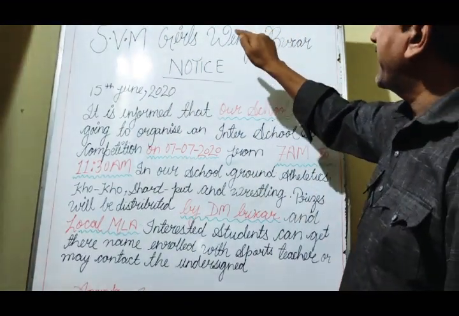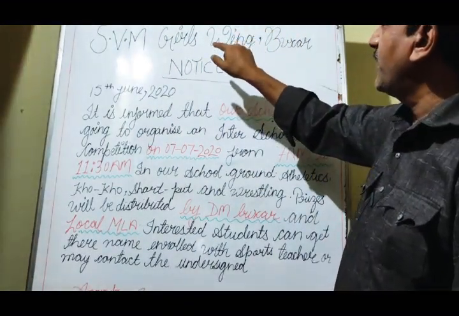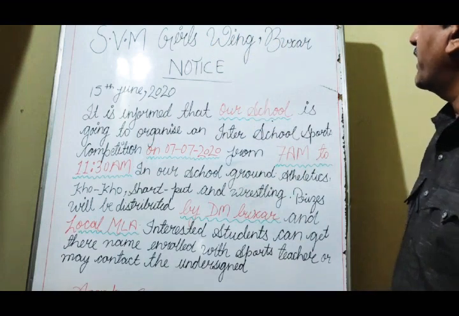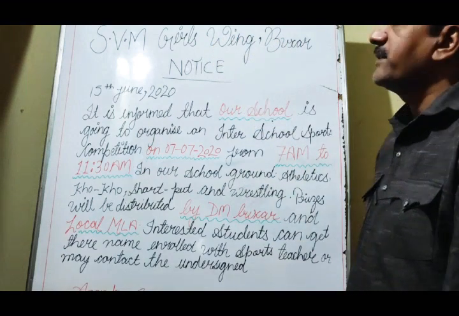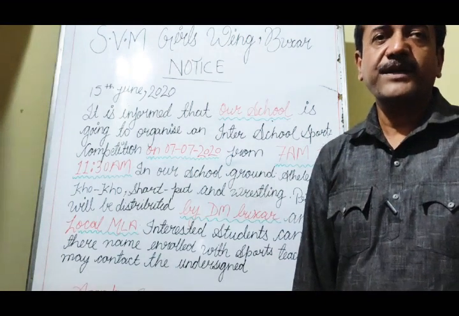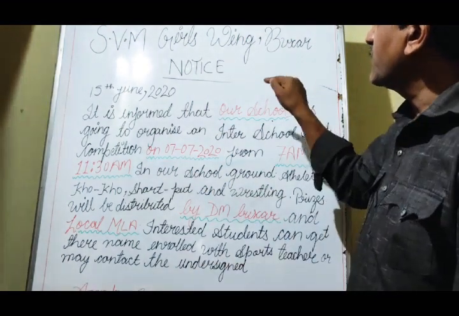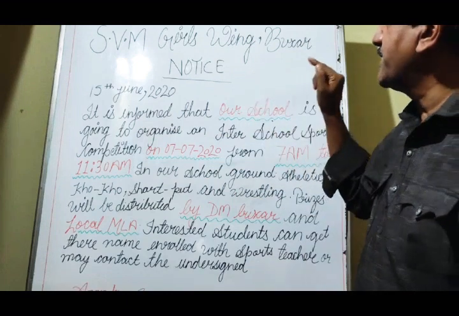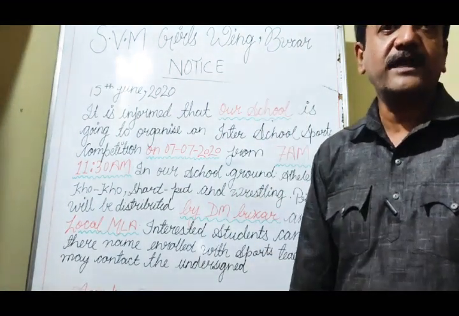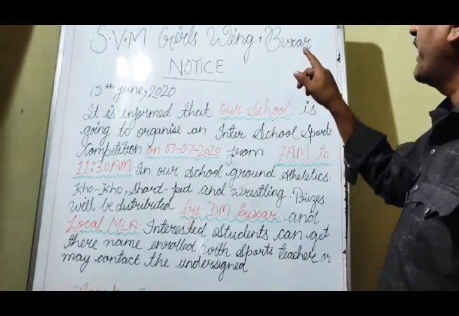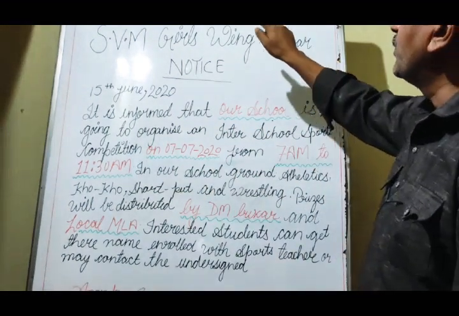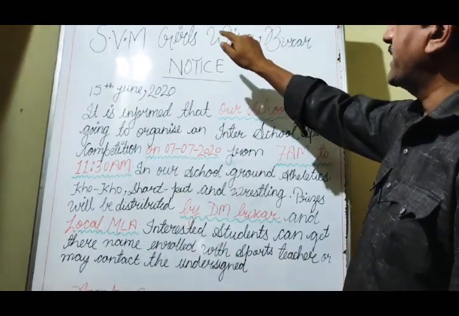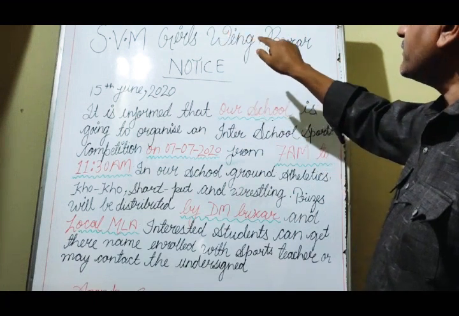After notice, in the next line, you go to the left margin and write the date on which this notice was issued, or put on the notice board. So you write that date here below the notice.